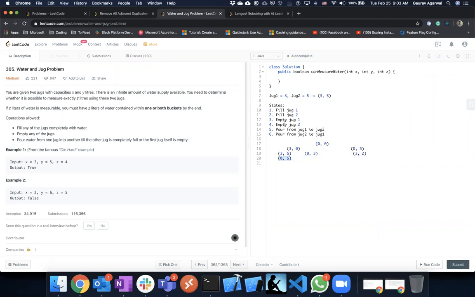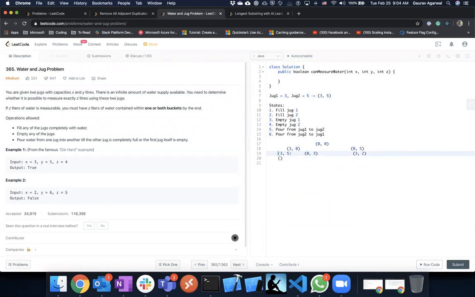Empty jug 2 gives 3 0, which we already have. We cannot pour from jug 1 to jug 2 because jug 2 is already full, and we cannot pour from jug 2 to jug 1 because jug 1 is already full. So there are no more states from 3 5. Is that correct? Right.